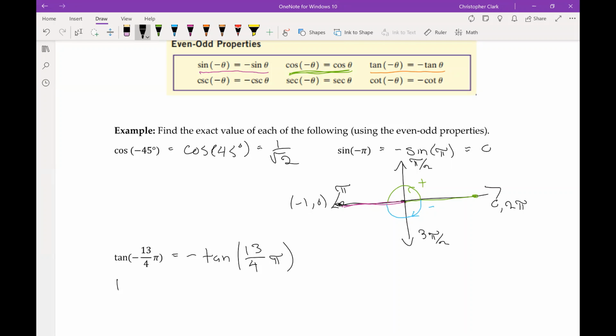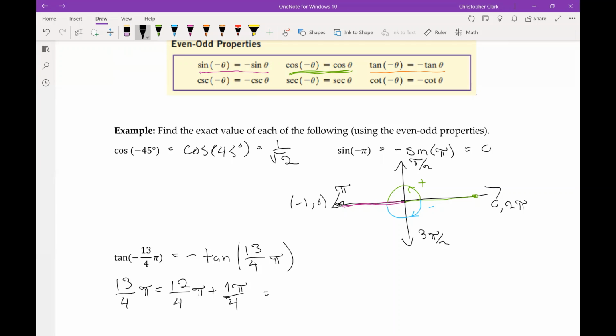But what if I wrote 13 pi over 4 as, let's see, what do I want to write it as? What if I wrote it as 12 pi over 4 plus 1 pi over 4? All right, this looks like we're getting somewhere.